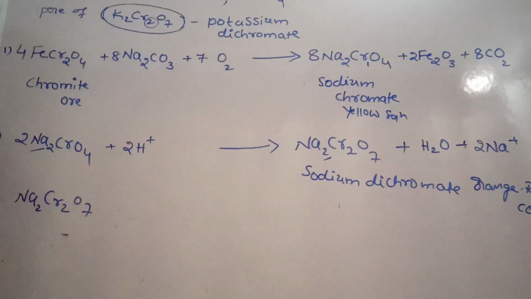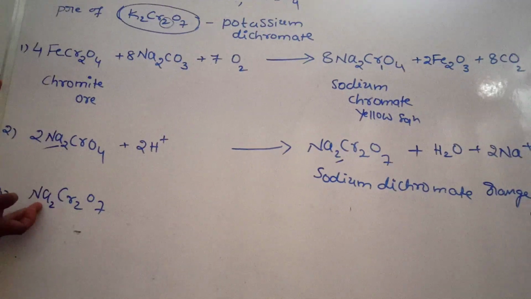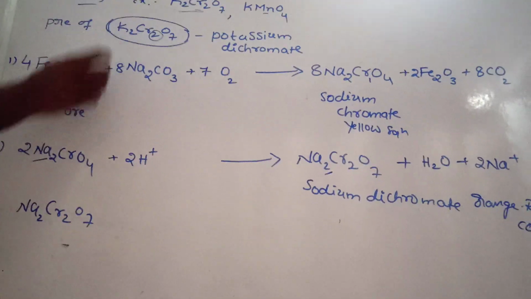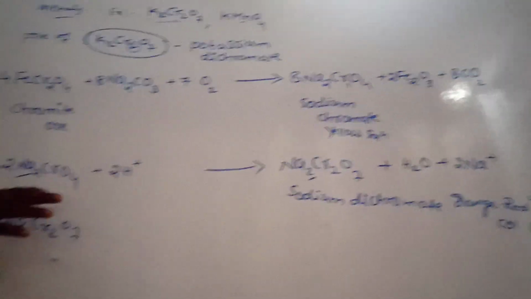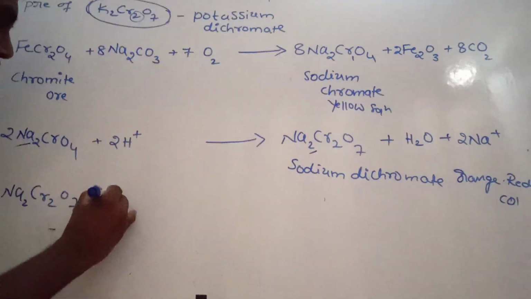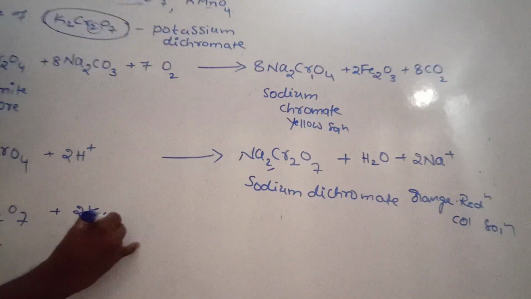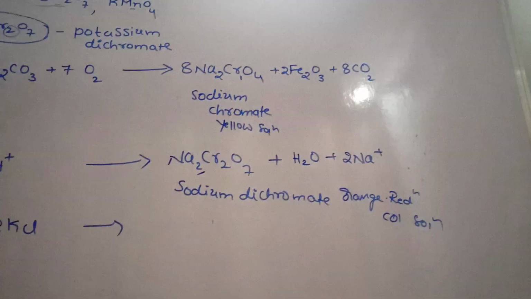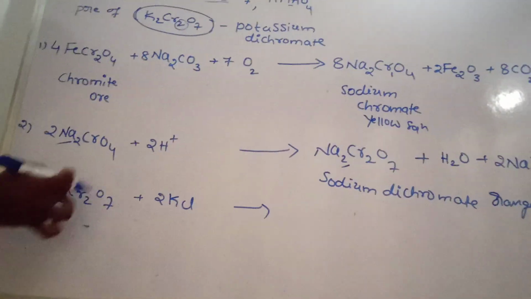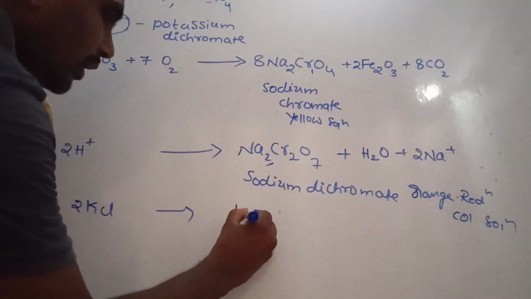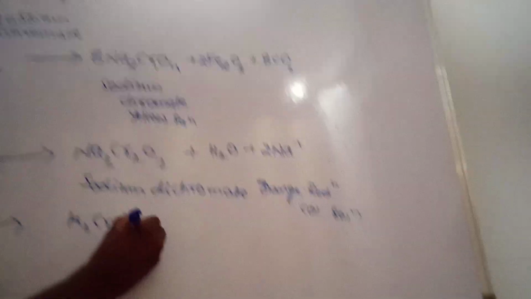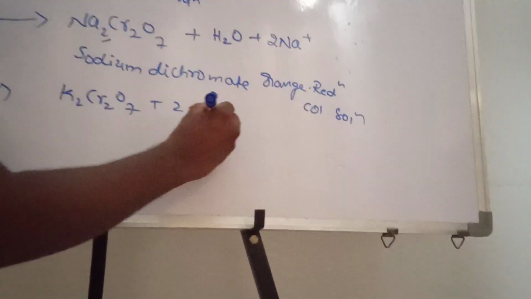Na2Cr2O7. See students, here Na2 is there, but in our product K2 is there. Sodium plus potassium we want. That's why this compound I want to treat with 2 moles of KCl, it gives, after which sodium plus potassium will come. See students, K2Cr2O7 plus 2 moles of NaCl.